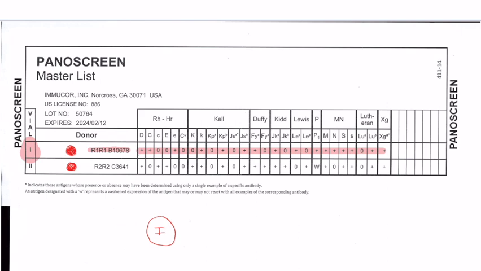Well, as we look at this, we're going to see these pluses right here. And that means this screening cell 1 has D antigen on the outside of it. And it also has C antigen on the outside of it. So we'll draw a couple of those. These zeros right here mean they don't have the little c or the big E on the outside of those red blood cells. Okay? And this plus right here means this one has a little e on it.